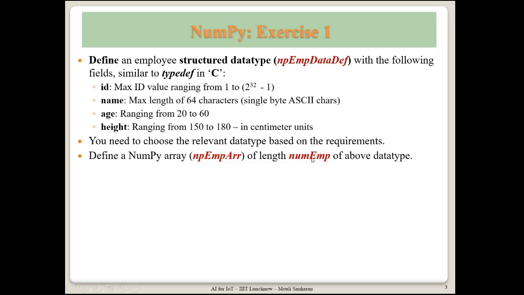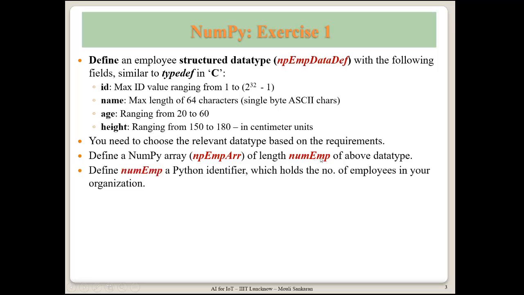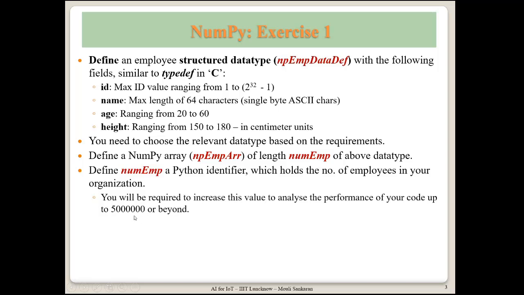So you have to define one Python variable. Of course, it will be an integer, and it holds the number of employees in your organization. You may be required to make it as huge as possible, but it is not going to be a NumPy element. It is an integer object of Python. So you don't need to worry about the size or anything because it's only one entry.